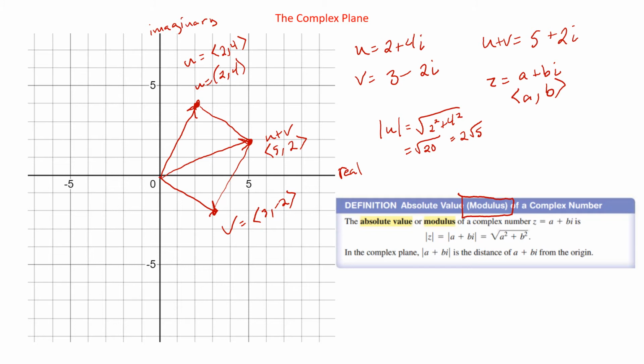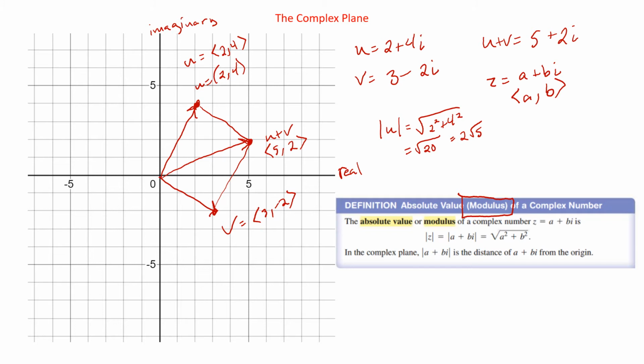They mean the same thing. And it's the distance from the origin. In the complex plane, it's always the distance from the origin. So that is stuff that we already know, aside from this new word of modulus.